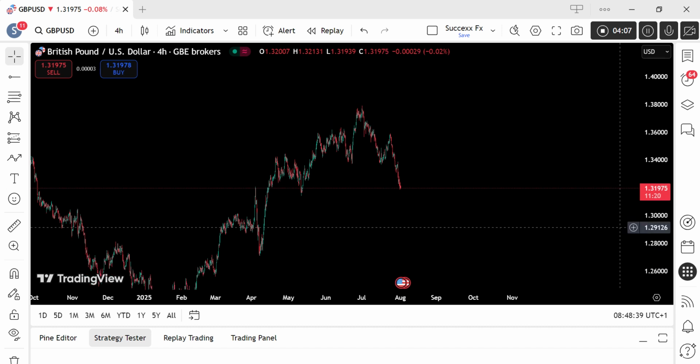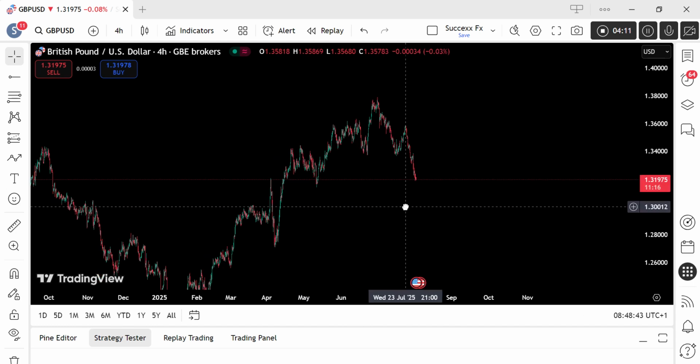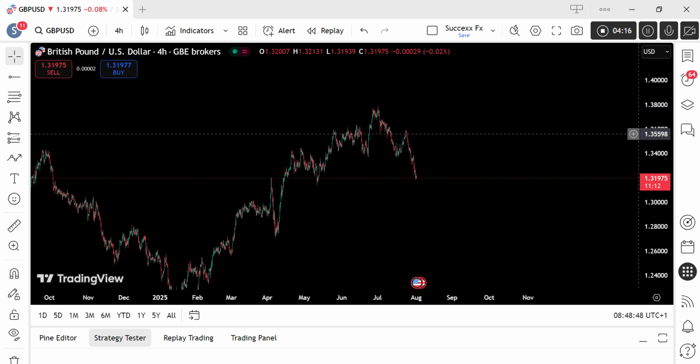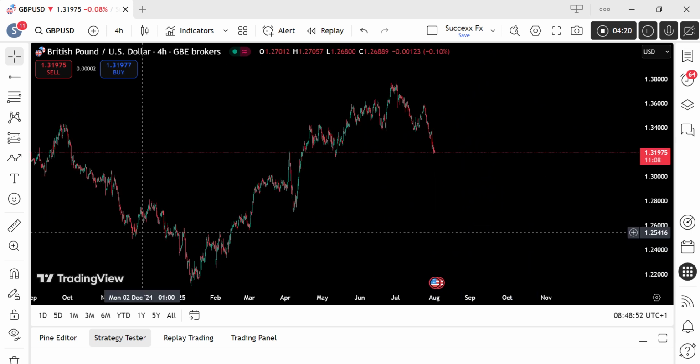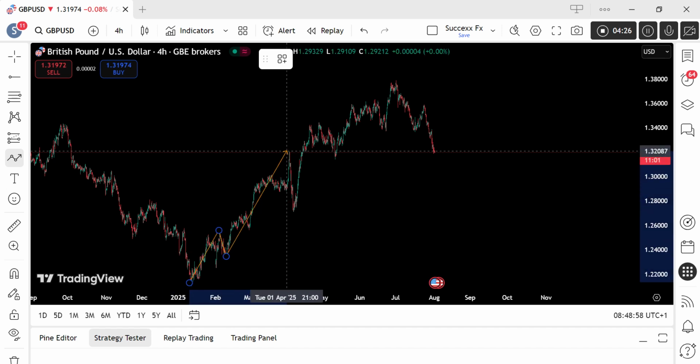Alright. So talking about the head and shoulder pattern, as you can see on this chart, now you have the head. Price has been coming all the way up, like higher high, higher low, higher high.